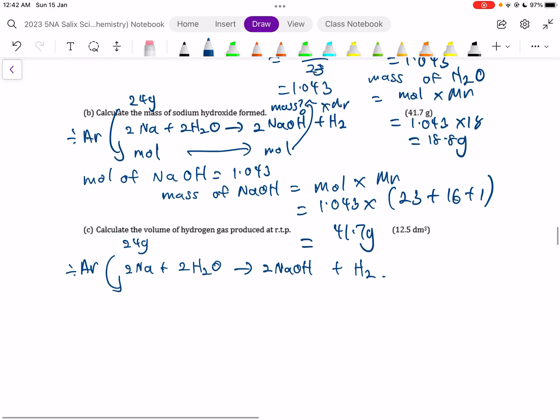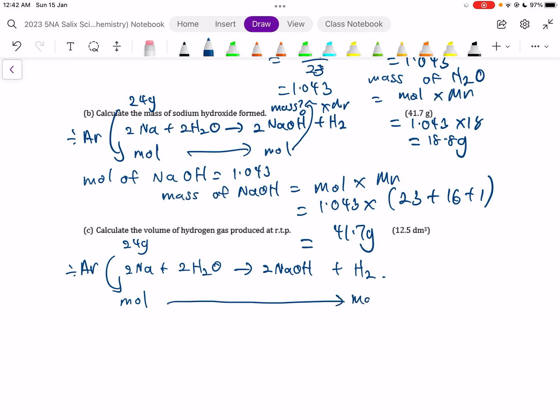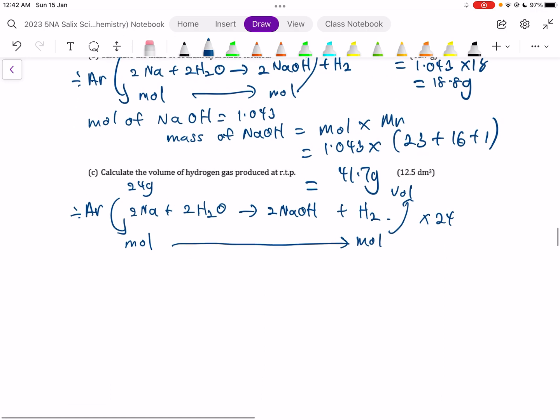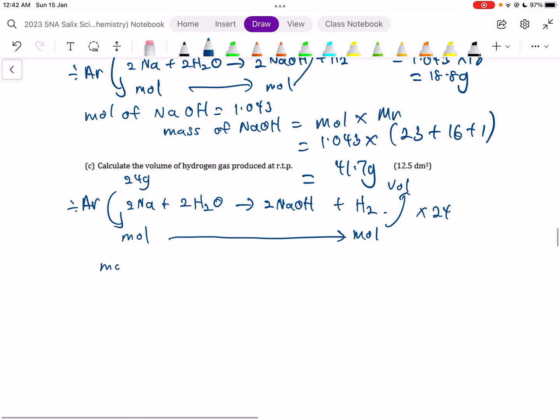So get the number of mole, then after that mole ratio over, then you can get the volume by multiplying by 24. Okay, so the number of mole of Na, take mass over Ar, 24 over 23.